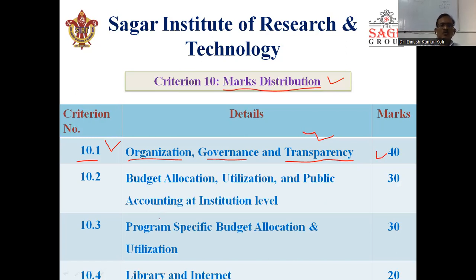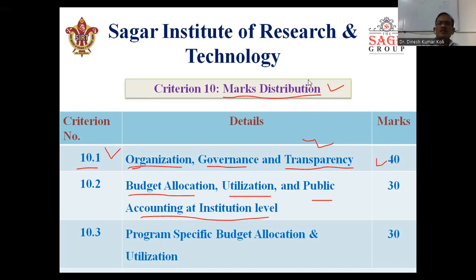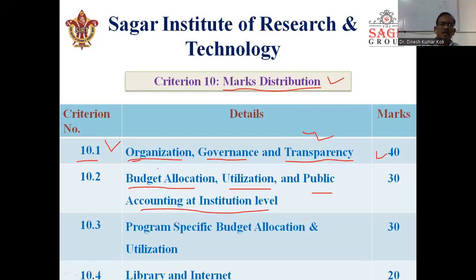Then budget. The budget part consists of the budget allocation, budget utilization, and public accounting at institute level. It means for each financial year, the budget is allocated, sanctioned from some governing bodies, and the allocation of budget in different heads for the institute as well as for the different programs, and then what is their utilization within that particular financial year.